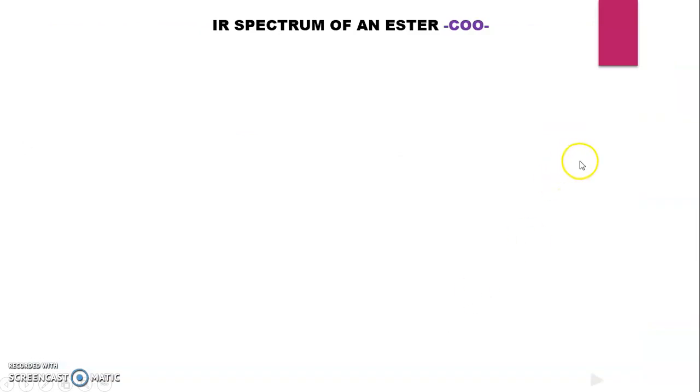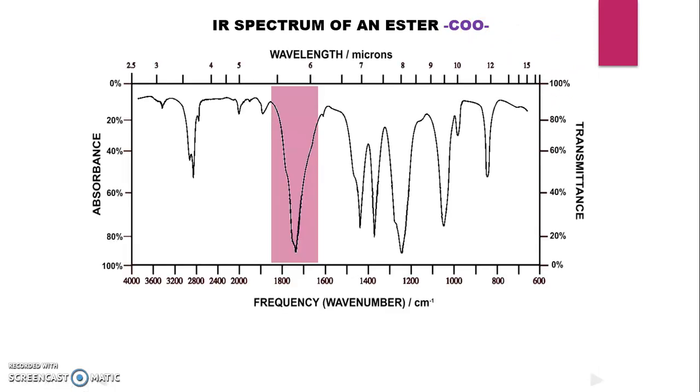Okay. The first spectrum that we must tattoo to our brain is that of an ester. So the ester functional group is a carbonyl group with a carbon-oxygen single bond. Okay? So a particular ester spectrum in IR will look somewhat like this.